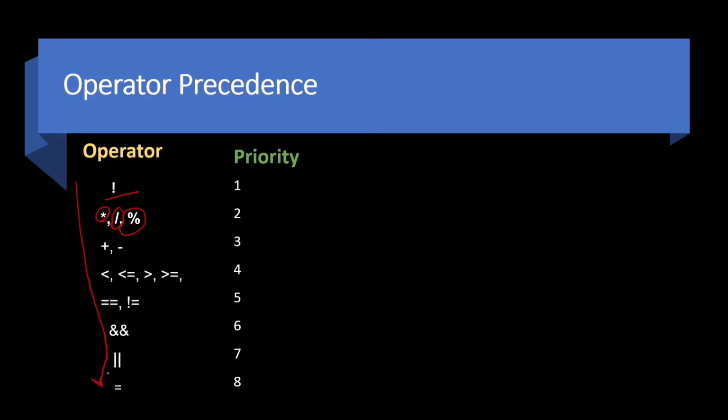Now here you can see our equal operator has the least priority, and the second least is our OR operator, and after that we have the AND operator, and then we have the relational operator. Okay, so on. This is the priority index of the operators that we use.